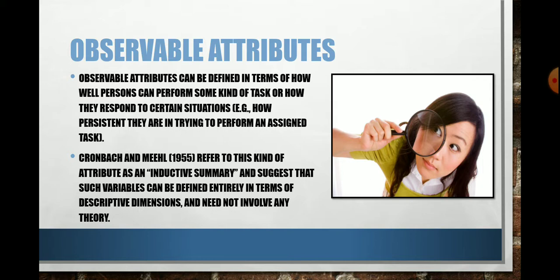Why? Because it was already based on what we have observed, primarily because we are using the inductive method. As I have explained earlier, we are observing the observable attributes. Remember observable attributes? In a way, we are making our own generalization from what we have perceived.